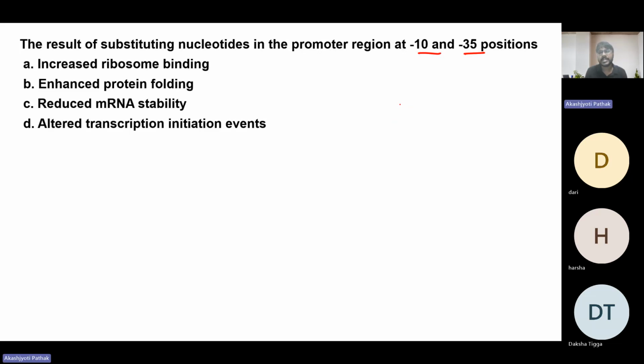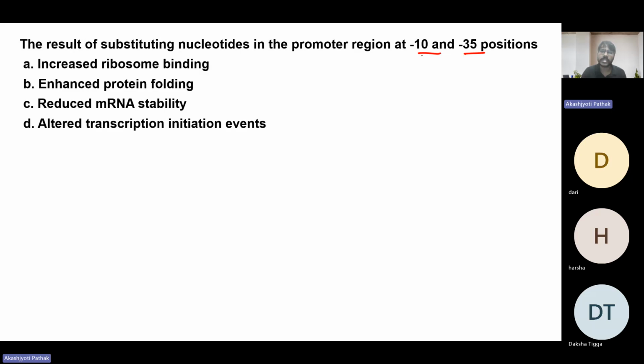Your -10 and -35 position sequences are the consensus sequences present in the promoter region of the DNA, and it is at this region that your RNA polymerase will bind and recognize the transcription unit.